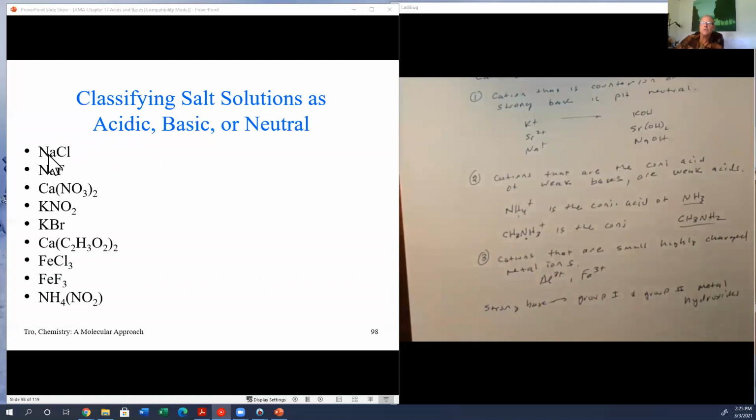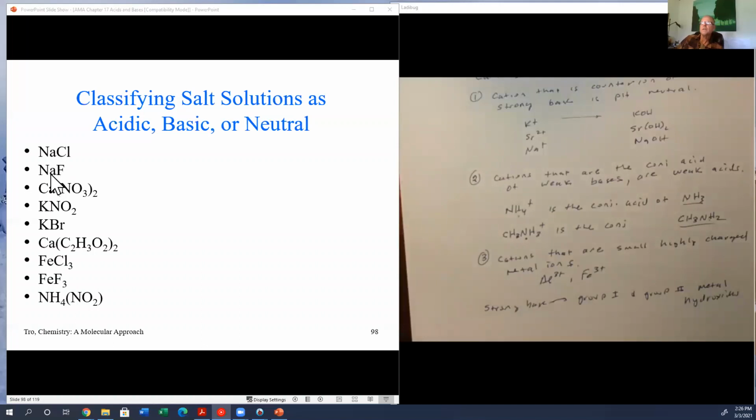That's a cation, so is it neutral or acidic? Neutral. What about Cl-? Neutral. It's the conjugate base of a strong acid, HCl, so it's neutral. So what do we know about NaCl? It's neutral. So if I just have salt water, it's pH neutral.